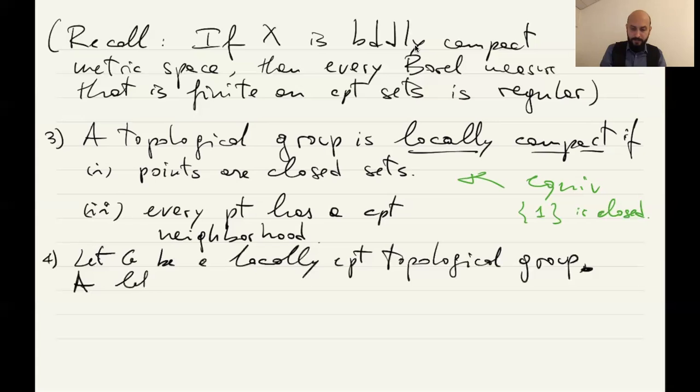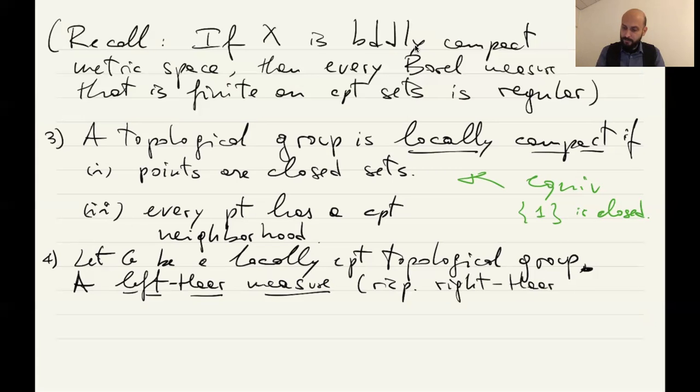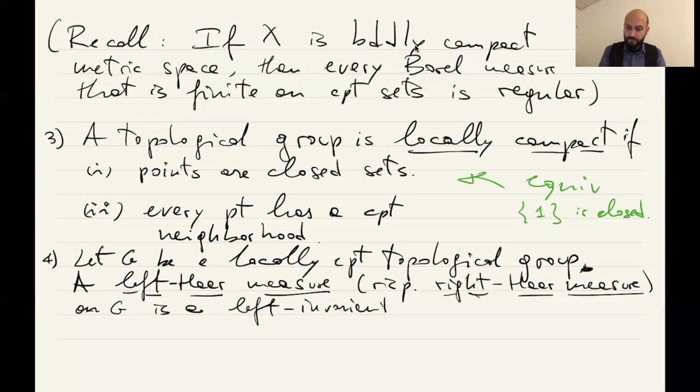A left Haar measure, respectively right Haar measure, on G is a left invariant, respectively right invariant, Radon measure on G.